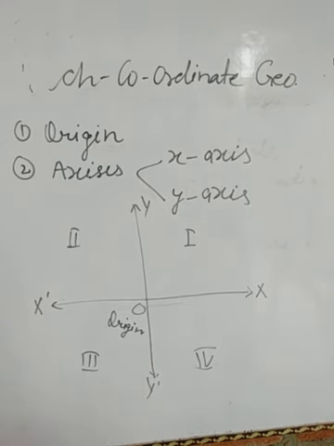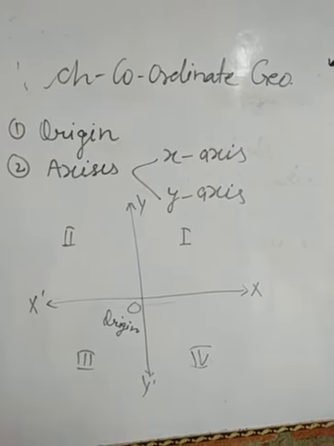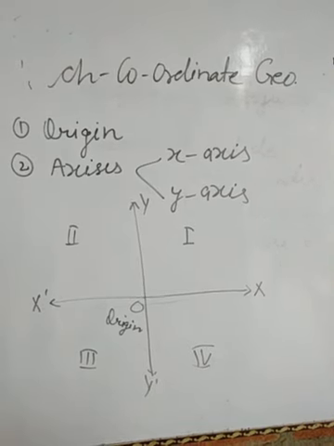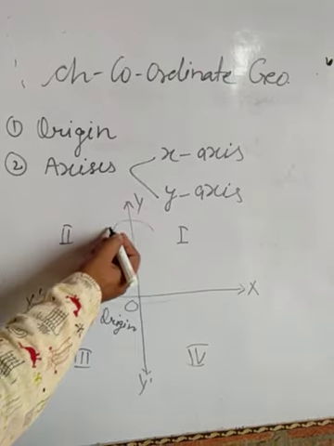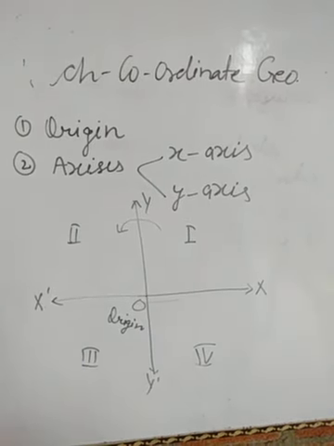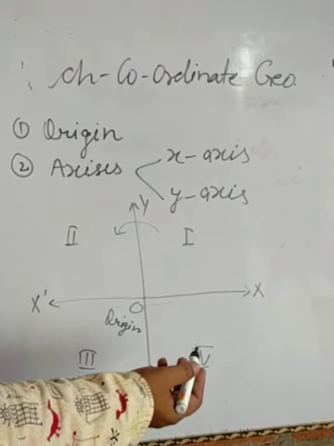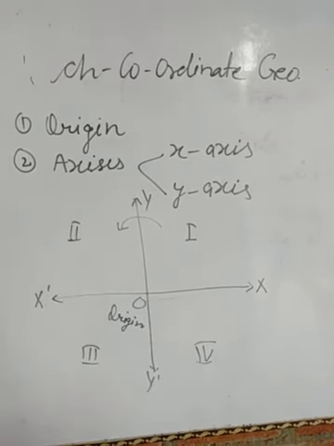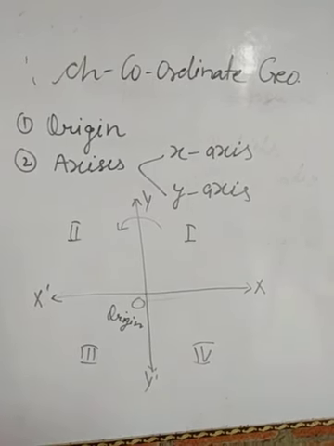So there are 4 quadrants. Counting of the quadrants is always anti-clockwise, never clockwise, right? So this is the actual direction to count or to name the quadrants. Means the entire 2D figure is always divided into 4 quadrants, correct?